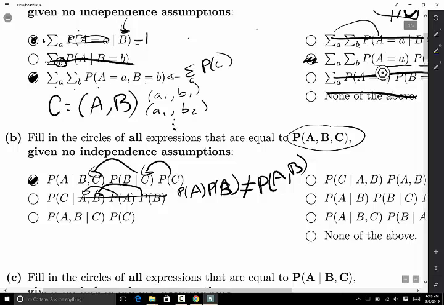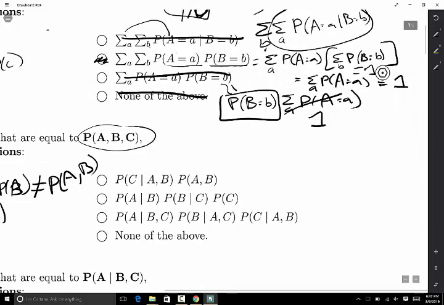In the third option, this is, again, the chain rule. So we have probability of A and B conditional on C times probability of C. So by the chain rule, we know this is A, B, C. Again, we just use the chain rule in its definition to get that this is the joint.